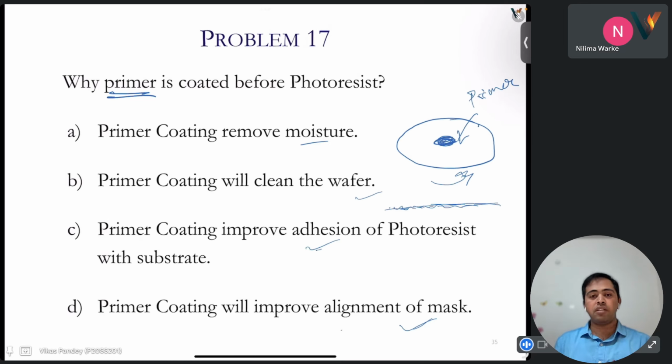And what will be the advantage of going for thinner photoresist? If we have a very thin layer of photoresist, what advantage can you think of? It will be easy to strip, to pattern. Stripping will be easier, meaning less quantity needs to be stripped.